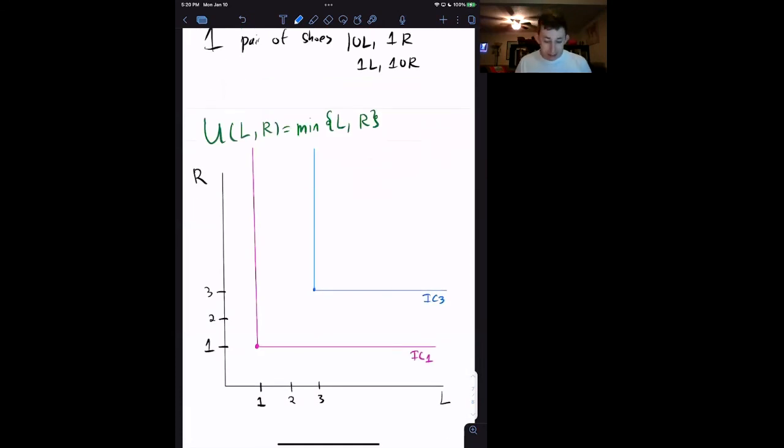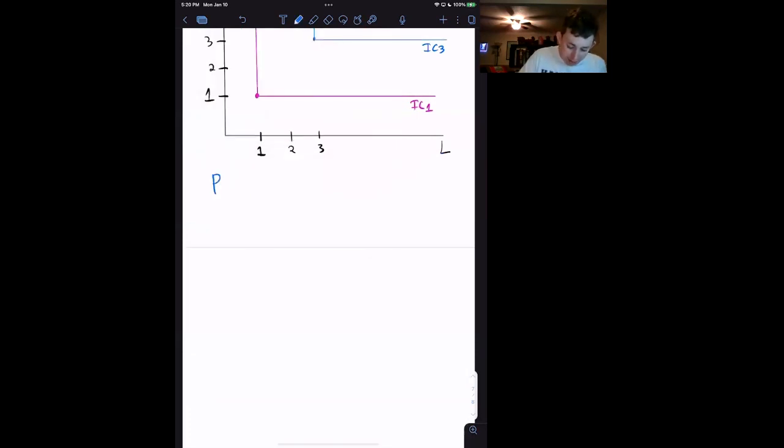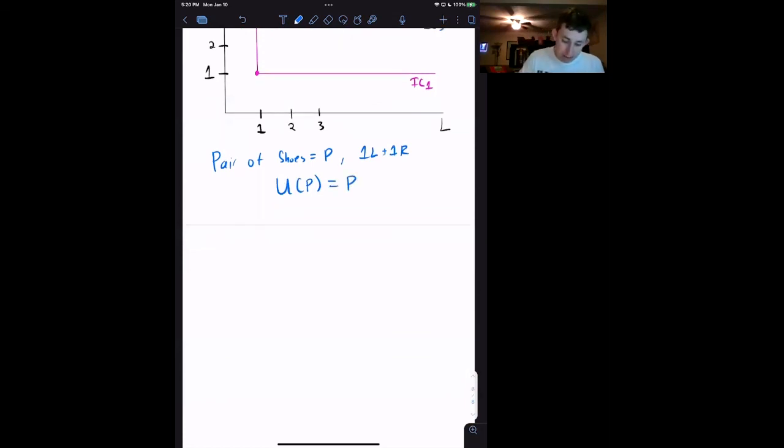It's kind of weird. So the way I like to do these problems is I like to say, well, a pair of shoes, I'm going to let that be equal to P, and that's one left shoe and one right shoe. So now my utility in terms of pairs of shoes is equal to the number of pairs of shoes I own.